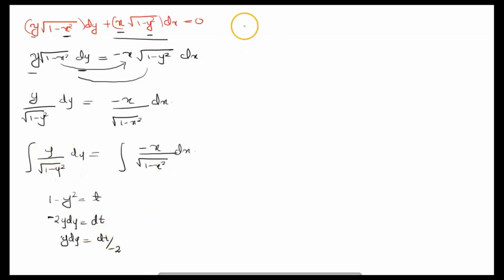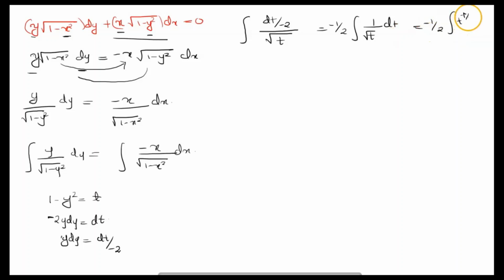Let's substitute this value. Integral y dy is dt by minus 2 divided by square root of t. That means minus 1 by 2 integral 1 by root t dt. Root t is t raised to 1 by 2, so this is minus 1 by 2 t raised to minus 1 by 2 dt.